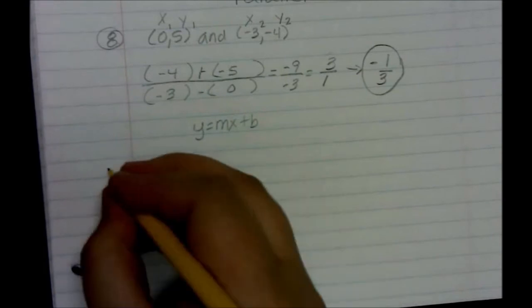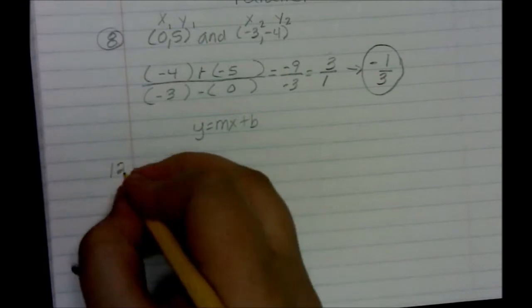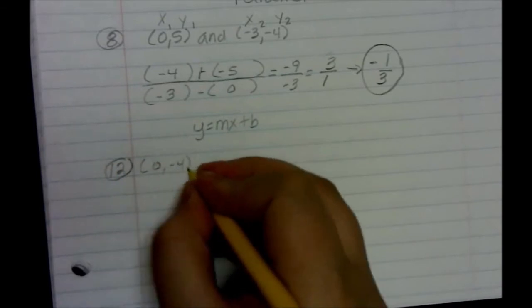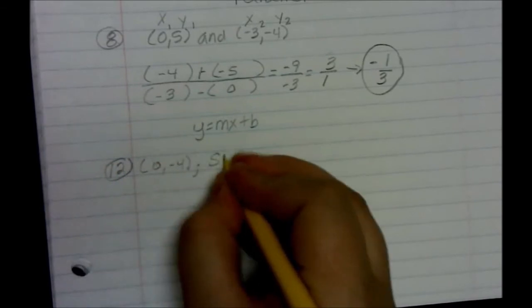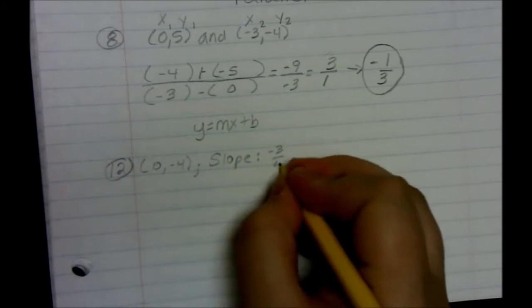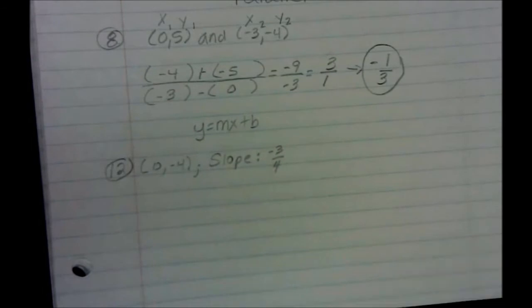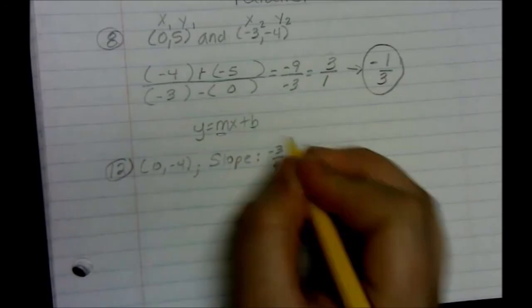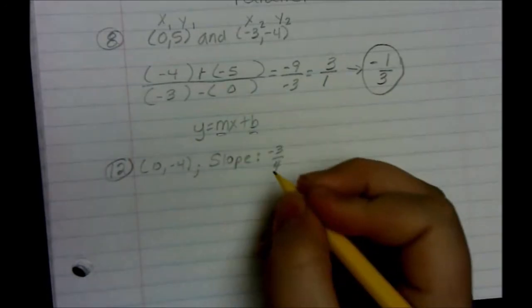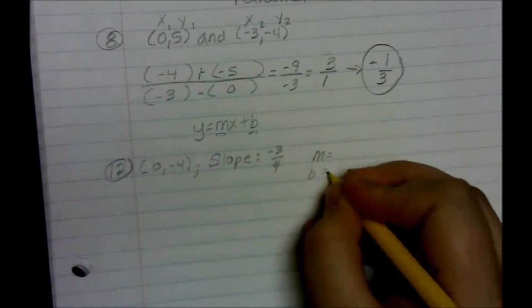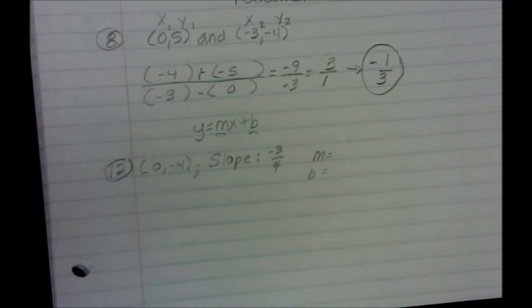So on number 12, we have the point 0, -4, and your slope is -3/4. Well, whenever you have the equation of a line, you always need two pieces of information, your m and your b. So I'm going to write m equals and b equals, because I know once I have those two pieces of information, I can write my equation.